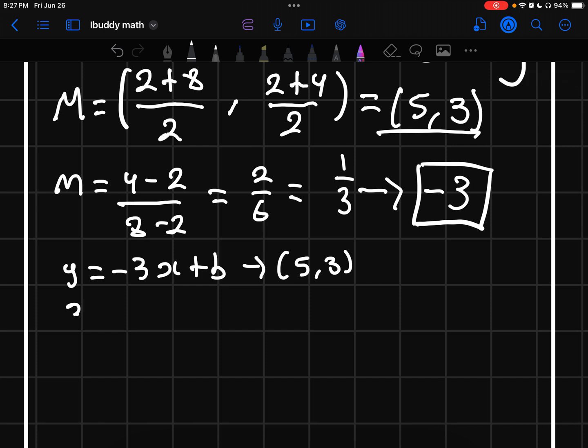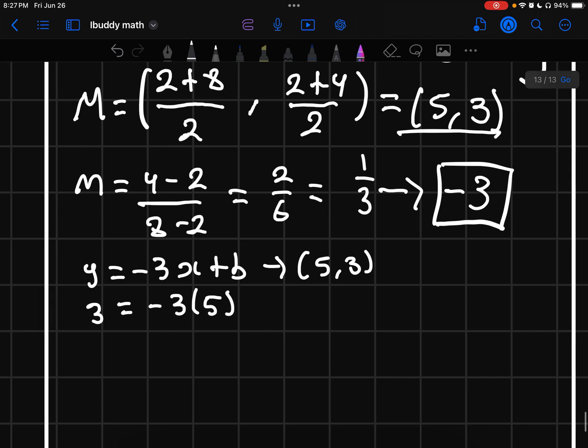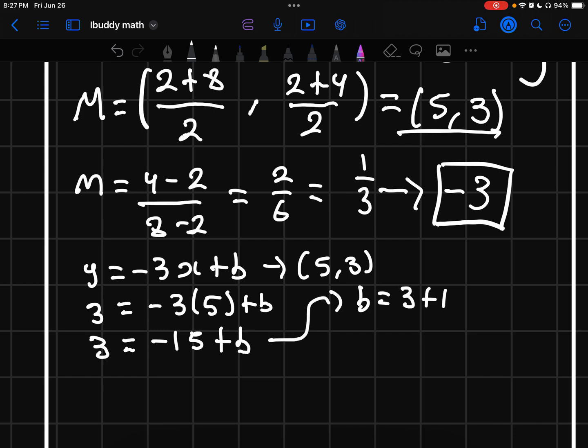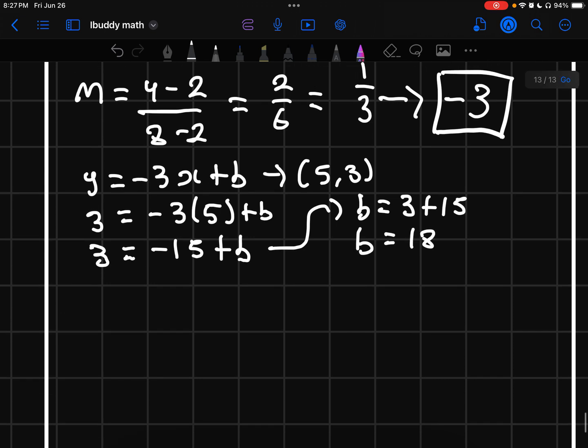So that would be 3 is equal to negative 3 times 5 plus b. 3 is equal to negative 15 plus b. b is equal to 3 plus 15. b is equal to 18. So the final equation of this would be y is equal to negative 3x plus 18.